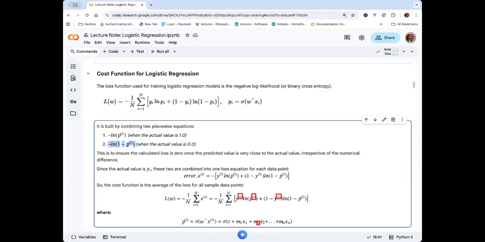So like this one, m2 x2, this is one feature, or one independent variable. Then you have m1 x1, that's also one other feature, another independent variable, and so on. So you actually have n possible features that are combined together, plus the single bias constant that you see here. So these subscripts are different from this.